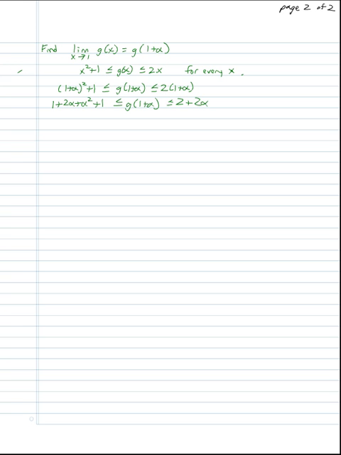So when I approximate on the left, I've got 2, and on the right, I've got 2. So that means g of 1 plus alpha must be equal to 2. But as we said above, that is the limit as x goes to 1 of g of x. So we found our limit. It's 2. So again, that's an alternate way to write up the solution to that example.